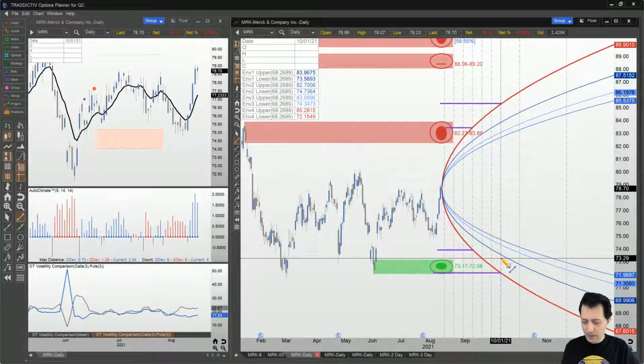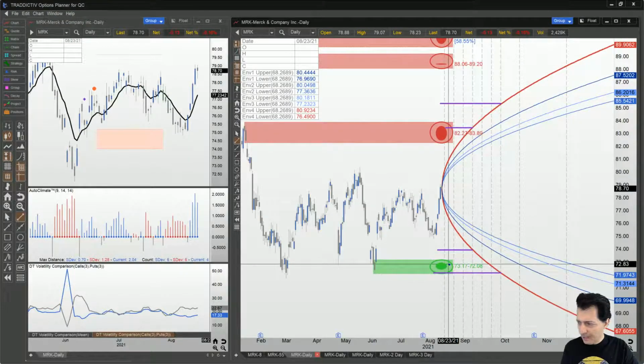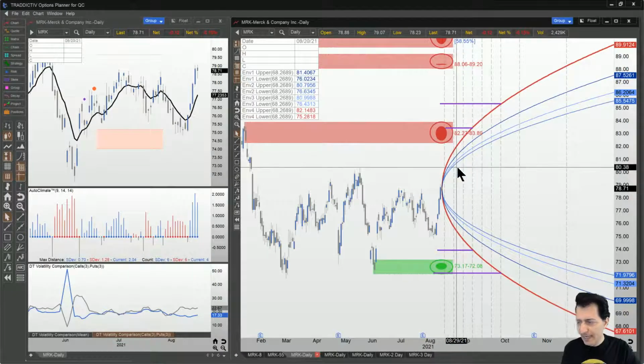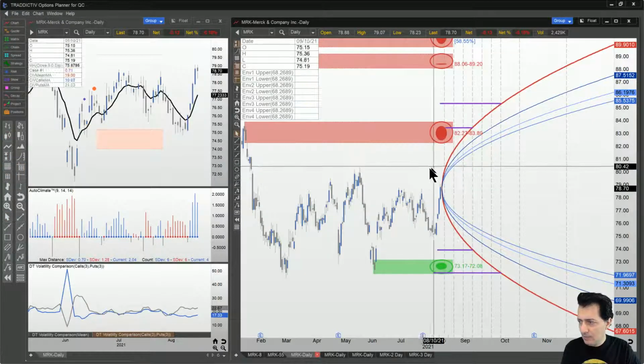The reason is that October 1st is lining up with that UFO and September 10 is lining up with that UFO. So I'm going to start with those. If it works, great. If it doesn't work, then I can try any other expiration in between. As long as it's October 1st or earlier, it's all good. But I will start my analysis with those two.